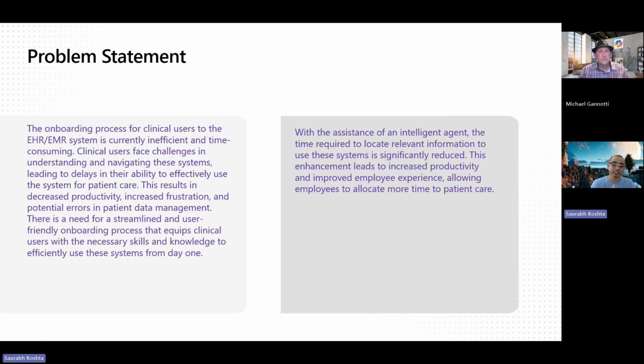Instead of asking a colleague, this is an agent which acts as your colleague or as a knowledge source to answer those questions for you. That's what this will help achieve: reduce the time to find the information, and get you the right information in the easiest way, the way you already know.